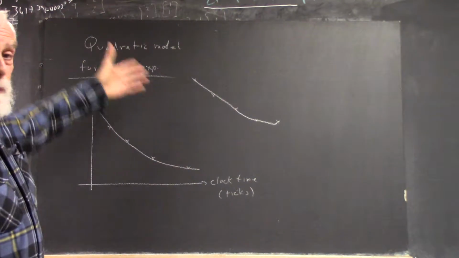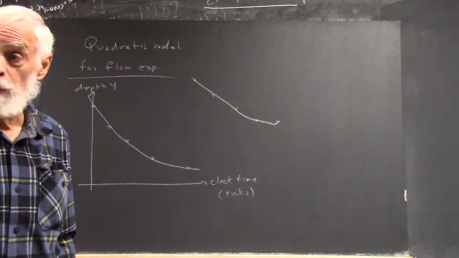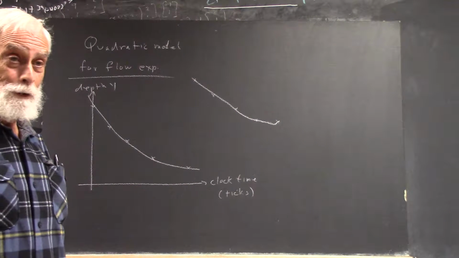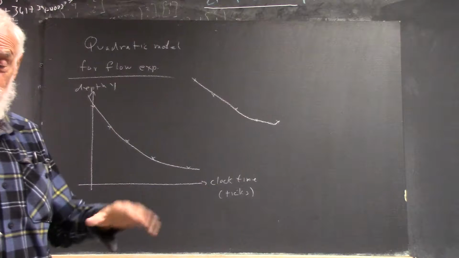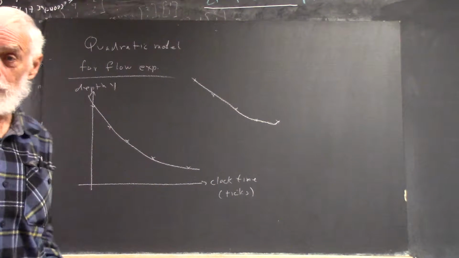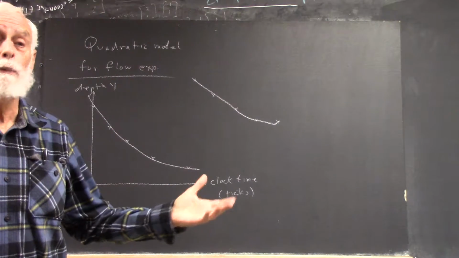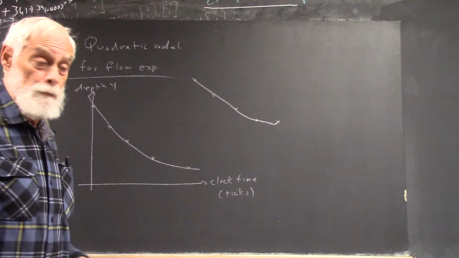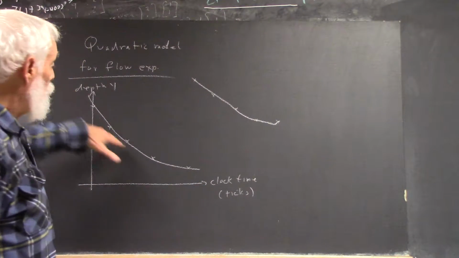We draw a quadratic. We think it's going to be quadratic. Physics predicts it's going to be quadratic. And if you believe me, which is questionable, you're going to expect it's going to be quadratic. That's what we're trying to test anyway. So you draw the curve.